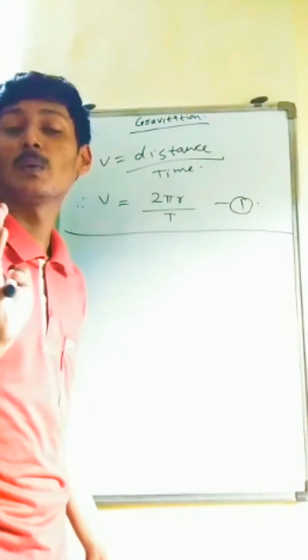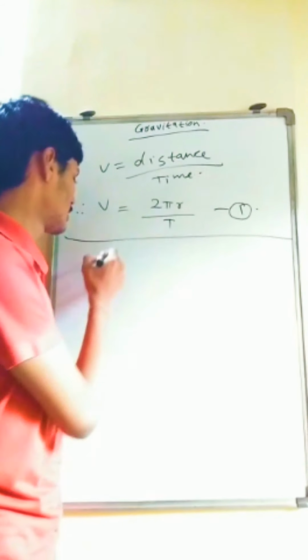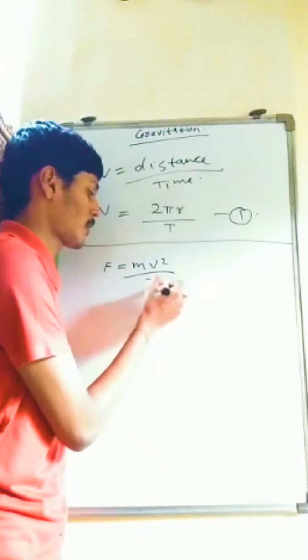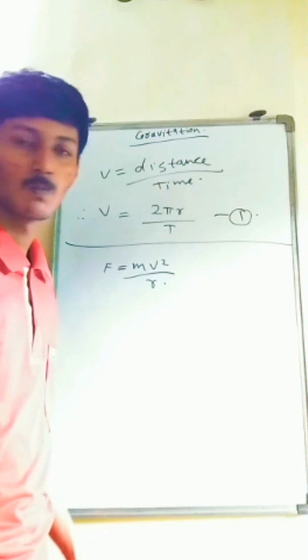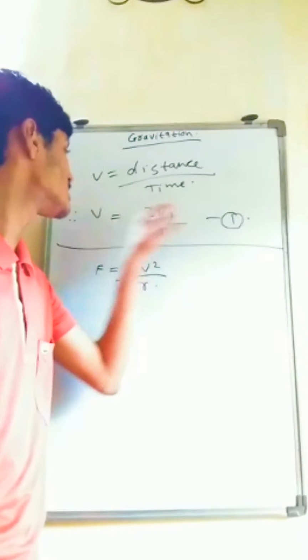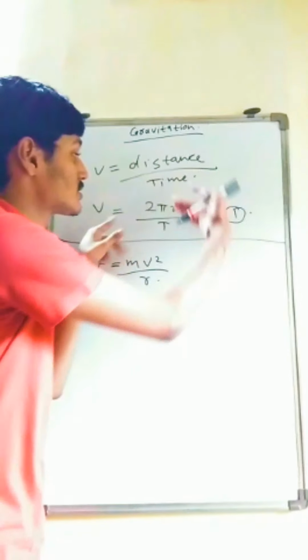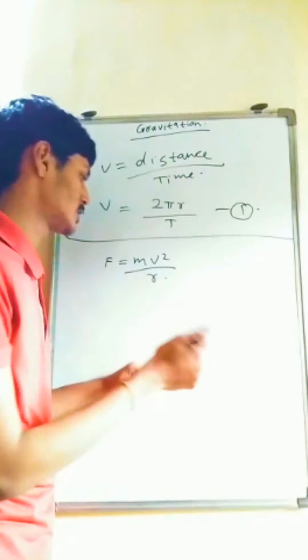Now we know the basic equation of force. Force is equal to mass into the square of velocity upon r. Now, seeing equation 1, we know the value of velocity. So we'll substitute this value of velocity in this equation.